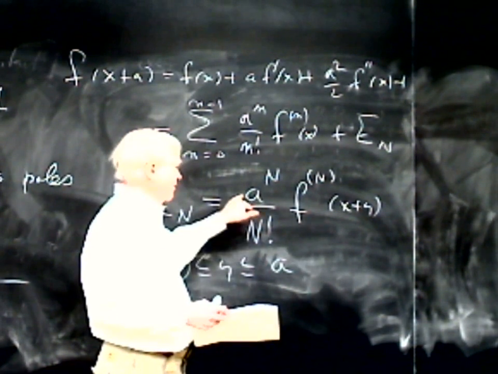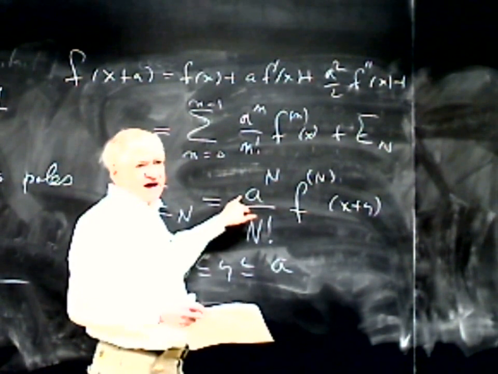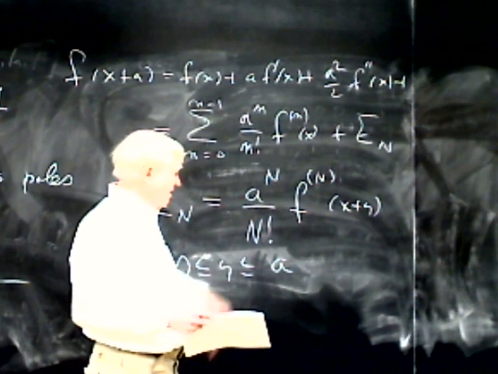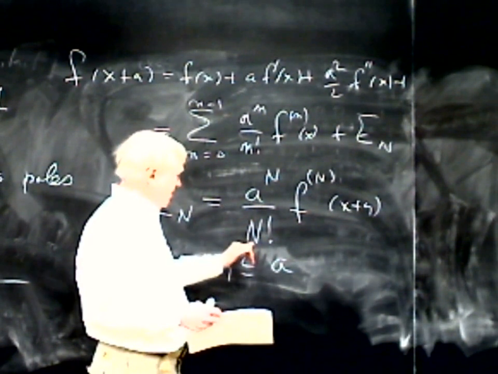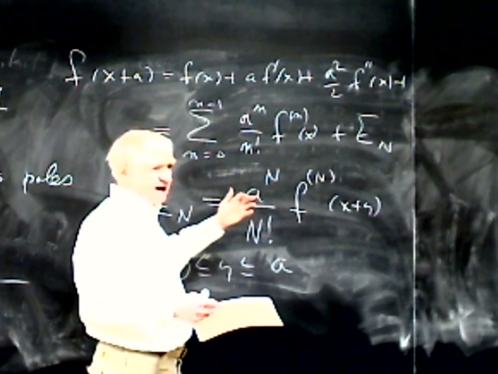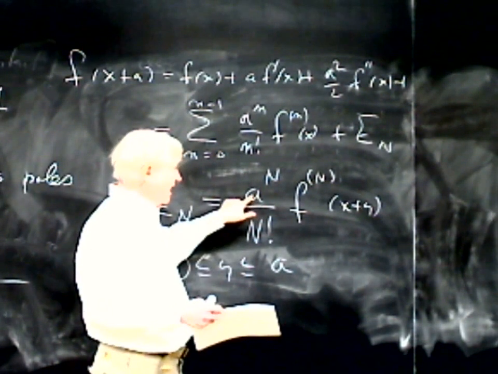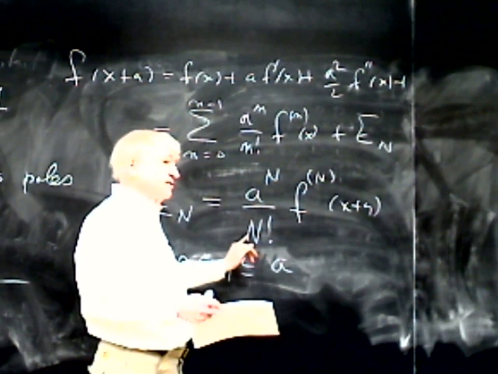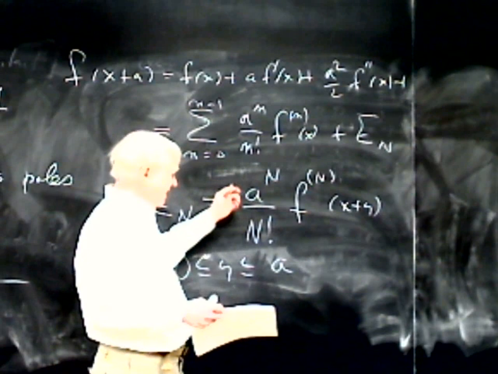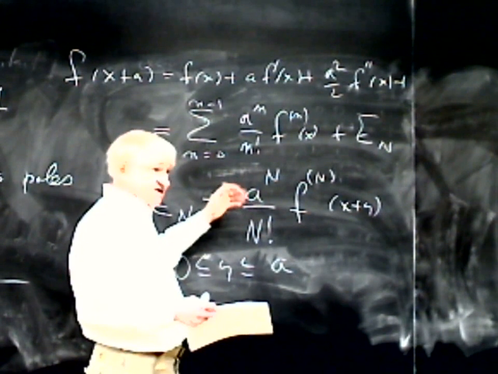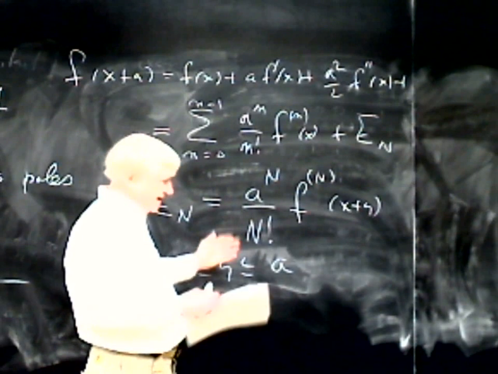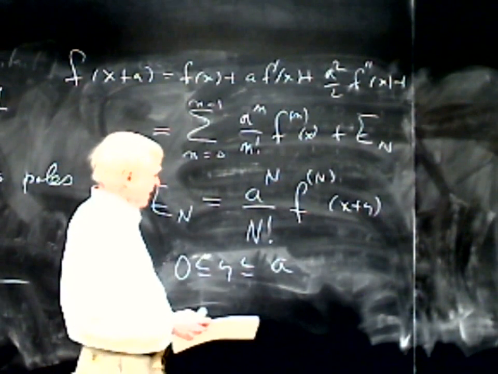And 1 over n factorial always wins over a to the n, no matter how big a is. Because eventually, suppose a is approximately 1,000, well then a to the n wins until you get n beyond 1,000. But once n is beyond 1,000, you get a divided by n, which is less than 1, and then a divided by n plus 1, which is again less than 1, and so it goes to 0.